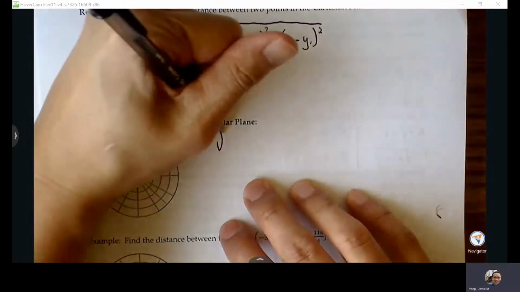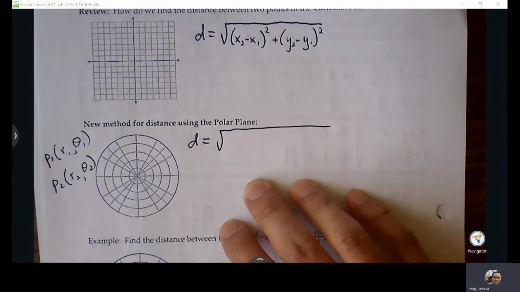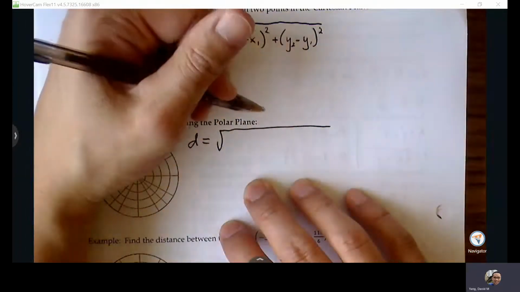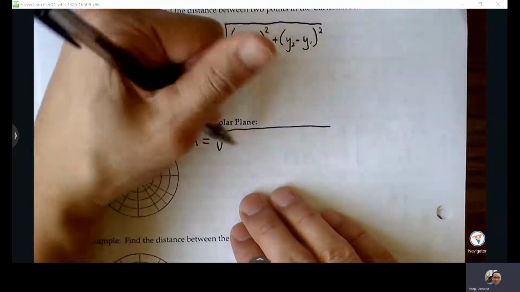So here's the formula. It's still a little bit of Pythagorean theorem going on, but we have to adjust for this slightly different format here.